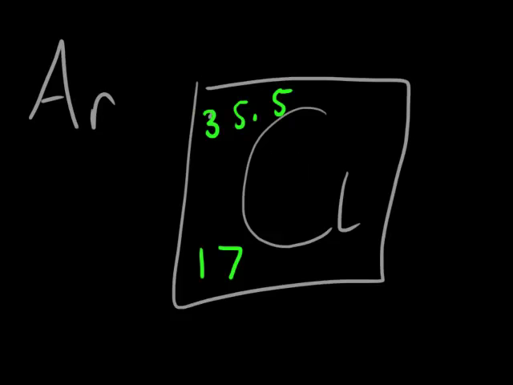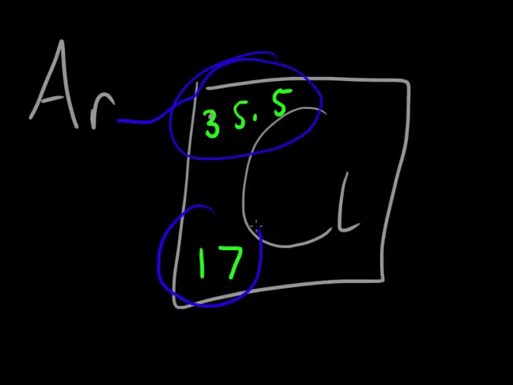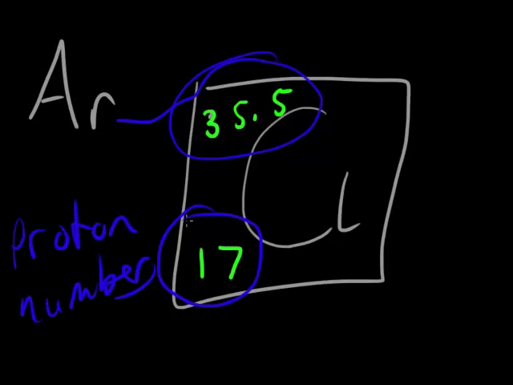So what are these two numbers? This would be the relative atomic mass, and this would be the proton number, so the number of protons for that element, which is chlorine.